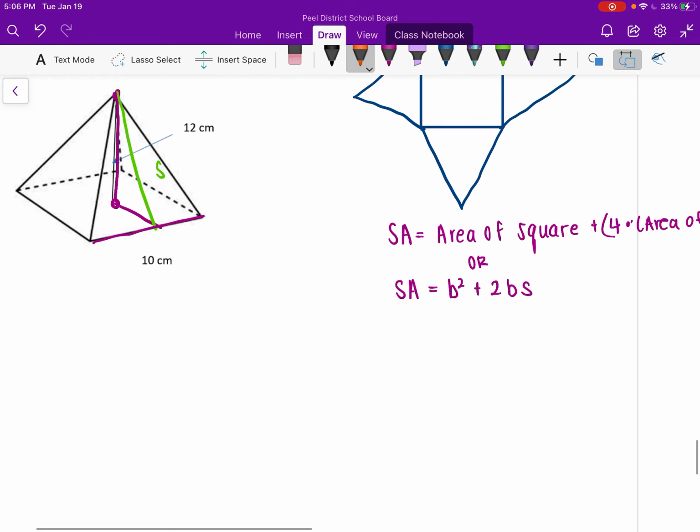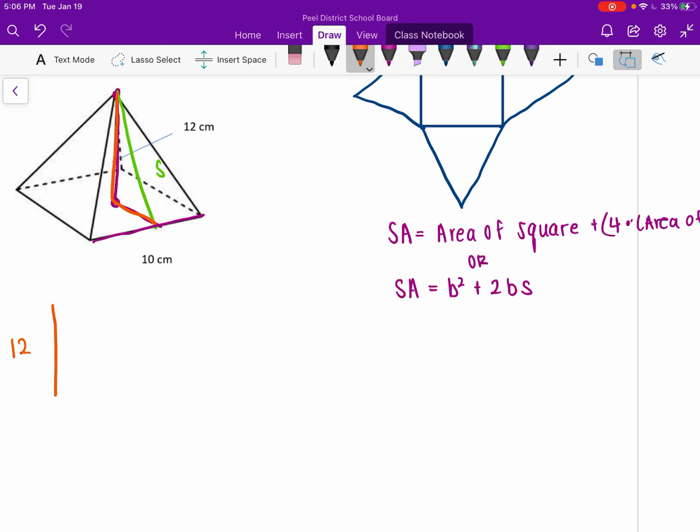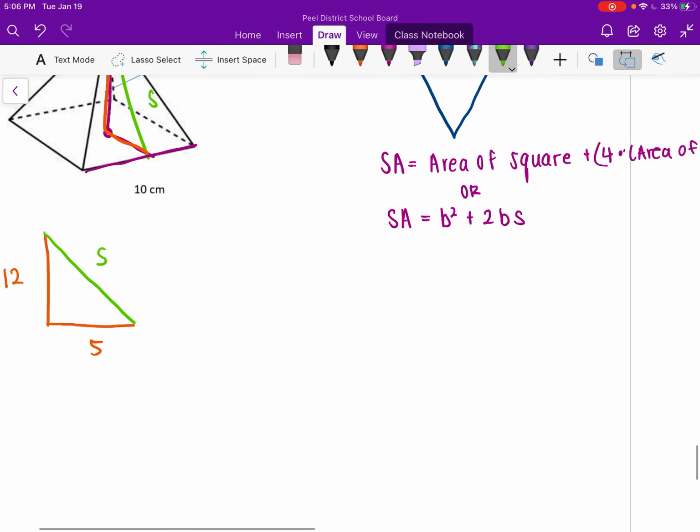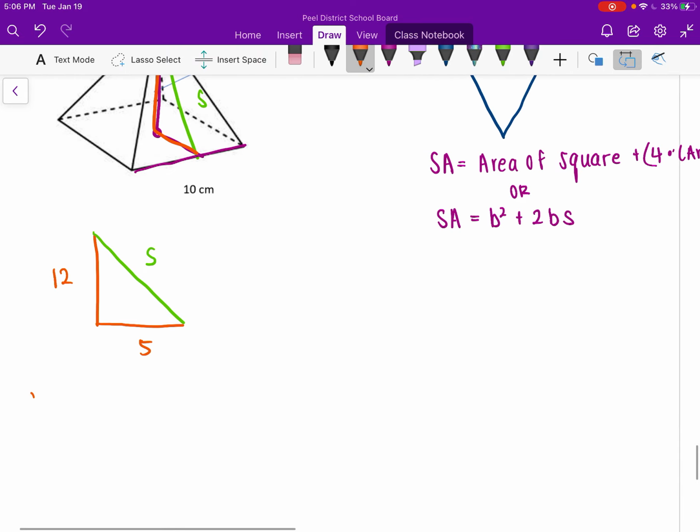So let's find S. We know that there's this triangle here that we can use. So I know that my height is going to be 12, right? The entire thing would have been 10, so we got to take half of it, which means that this is 5, right? And then we want to find this length. That's just my hypotenuse. So let's go do a squared plus b squared equals c squared.